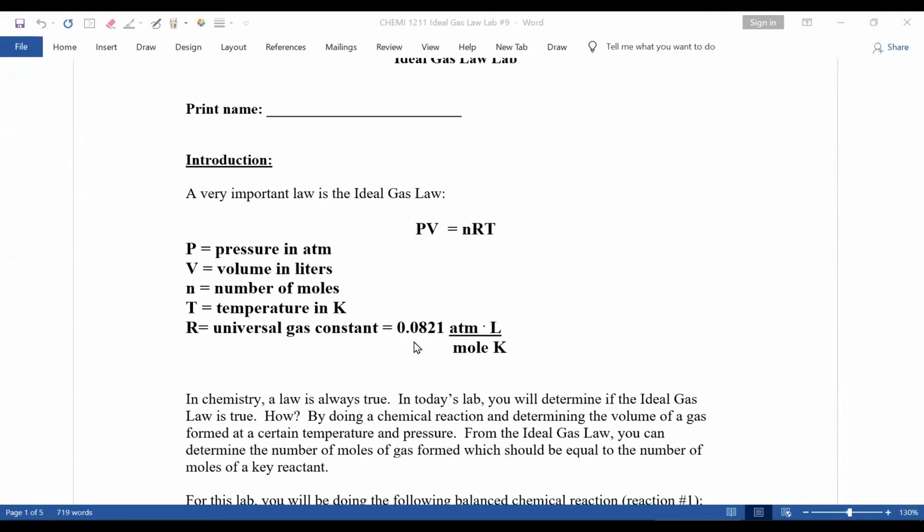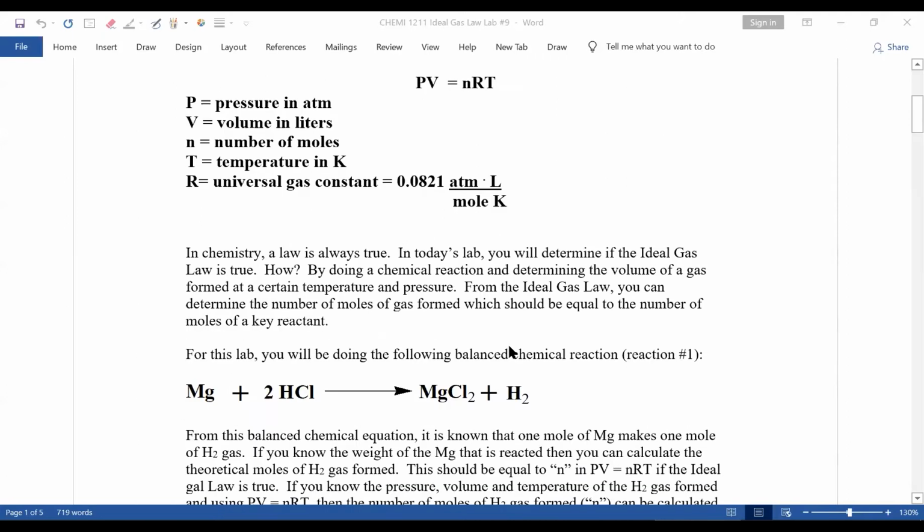For my class, I'm using this number, 0.0821 atmospheres liters per mole K. Now, in chemistry, when you claim something's a law, it is always true, no exceptions. In today's lab, you'll find out, is it really true? Is the ideal gas law really a law?